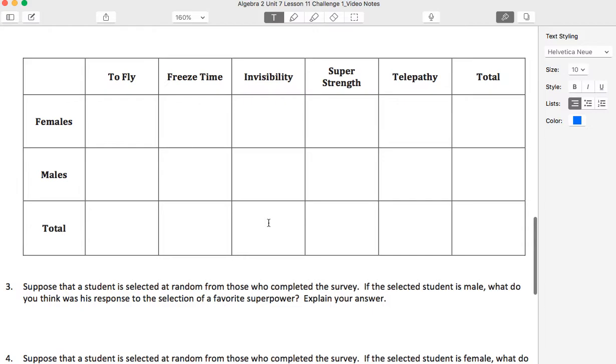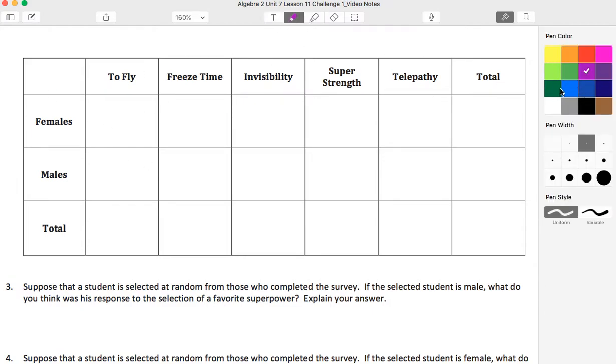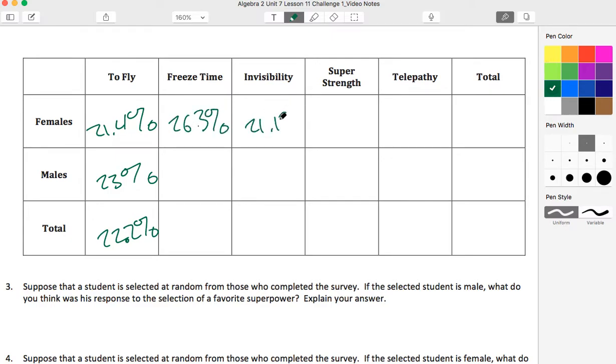What I'm going to do right here is just copy down the percentages really fast. I'll choose this color. 21.4%, 23%, 22.2%. If you're wondering where I got these numbers, take a look at your box above. If you're doing this in your notes, next to each decimal that you wrote in the previous box, go ahead and write in these percentages.